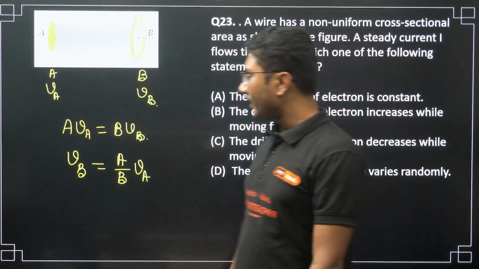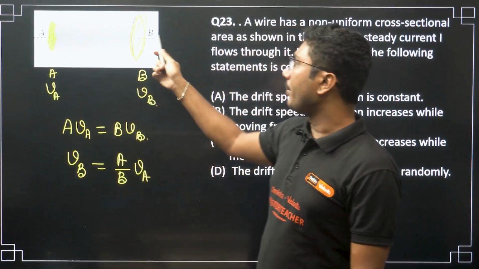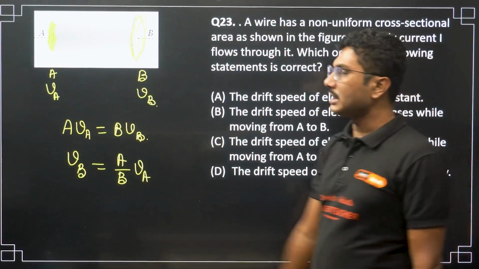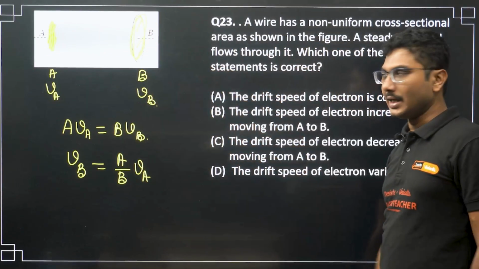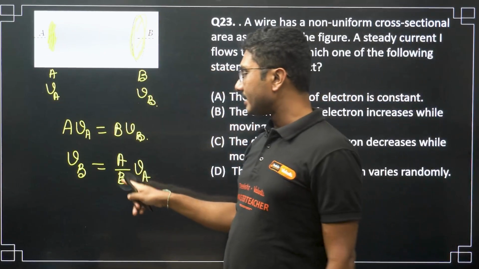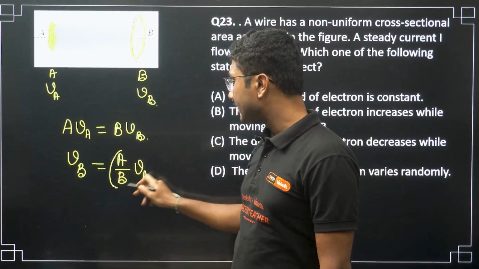How can we find out? The value of A is smaller compared to that of B, from the diagram it is clear: A has smaller area, B has larger area. That means A by B is less than 1.